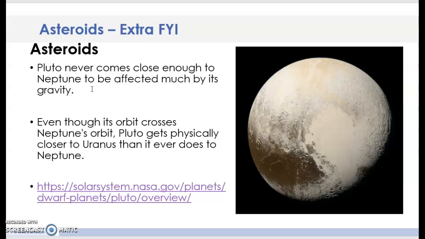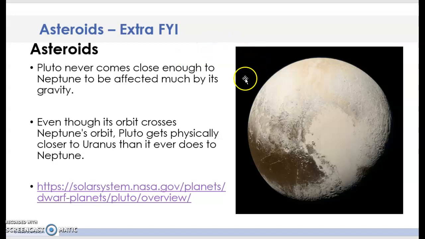If you'll notice, the last 3 slides I have given you contain extra information that you can go get on these topics with these links. So make sure you go back to the PowerPoint and go to these links. This is a picture of Pluto here on the right.